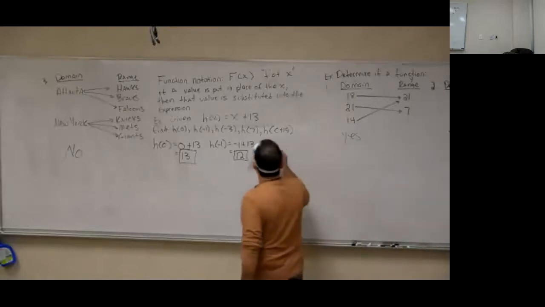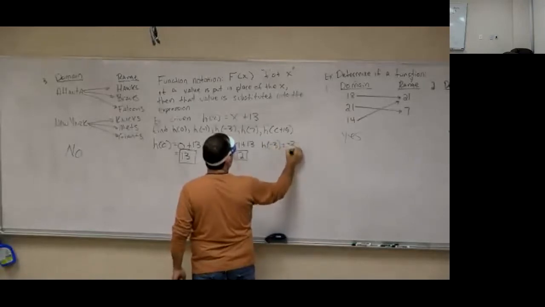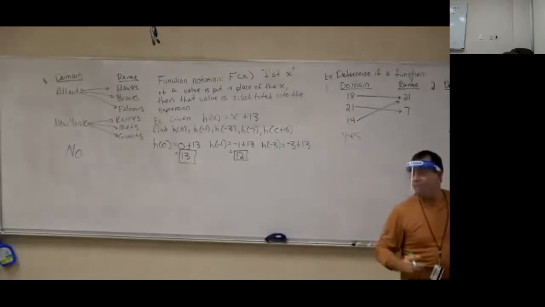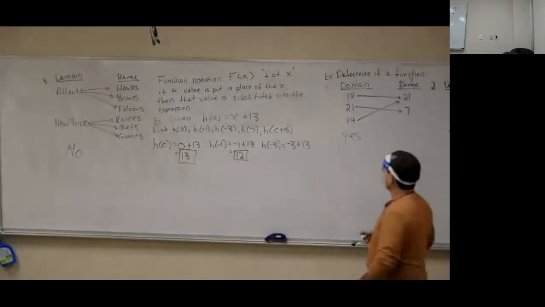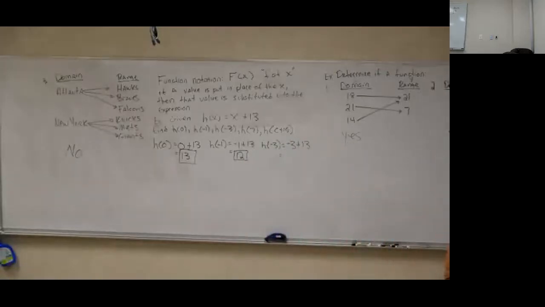All right, h of negative 3. That'll be negative 3 plus 13. You'll see that's unlike signs, right? So that's going to give me 10.